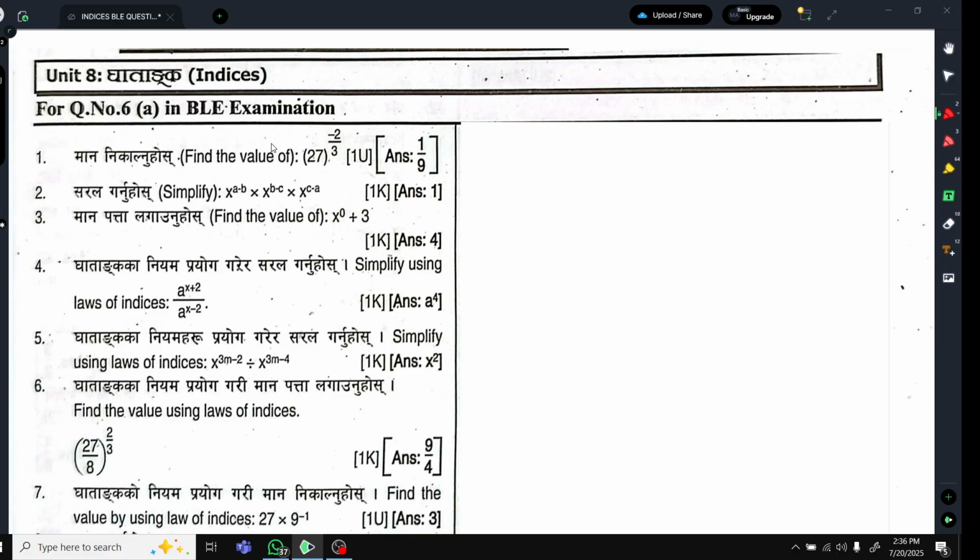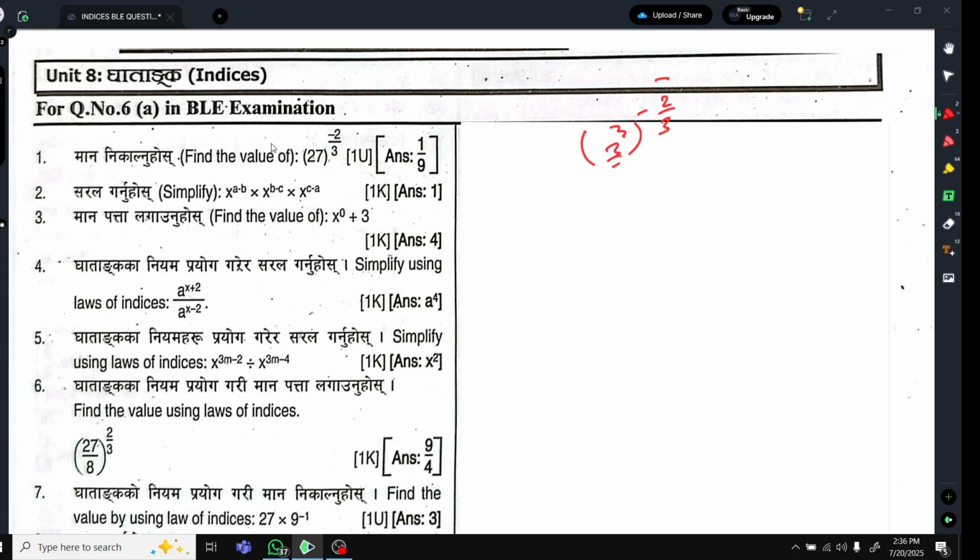Factorization of 27 comes 3 to the power 3. So let us write that: 3 to the power 3, whole to the power minus 2 upon 3.